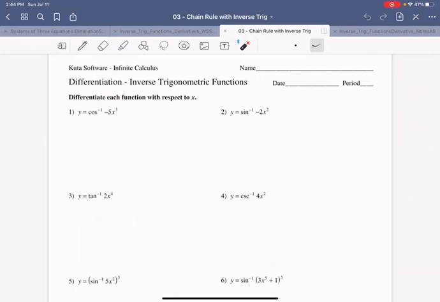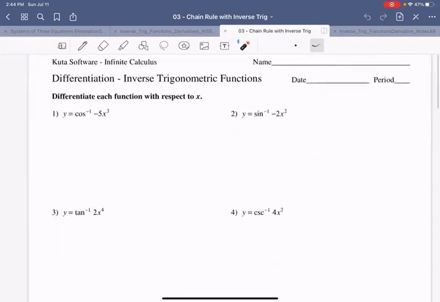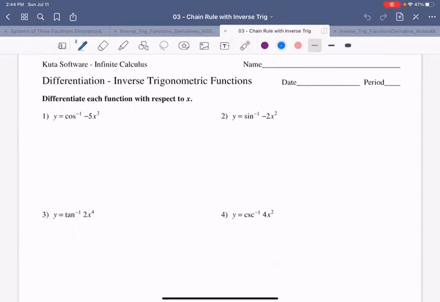Can I do the bottom first and then move on to the top? Go ahead. So the denominator would be the square root of 1 plus 25x to the power of 6. So the denominator is the square root of what? 1 minus 25x to the power of 6.